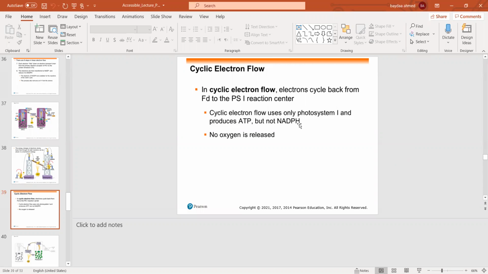The electrons cycle back from ferredoxin to the cytochrome complex, then via a plastocyanin molecule to the P700 chlorophyll in the photosystem 1 reaction center complex. There is no production of NADPH and no release of oxygen that results from this process. On the other hand, cyclic flow does generate ATP, but not NADPH.